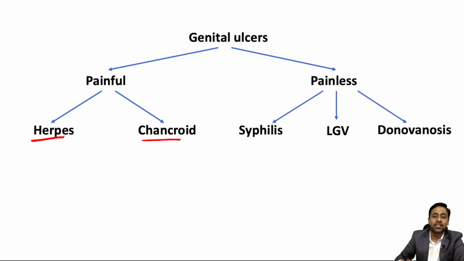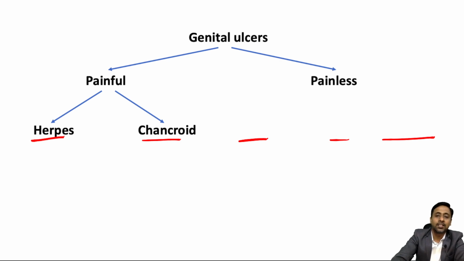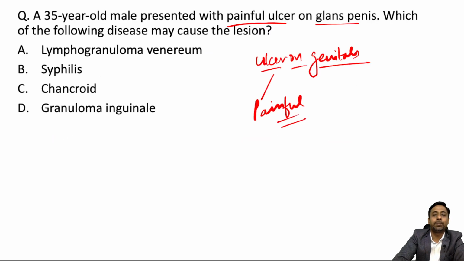However, the painless ulcer is seen in syphilis, LGV, and donovanosis. So as nothing else is mentioned other than the pain in the ulcer, on the basis of this information itself we will be able to solve the question.